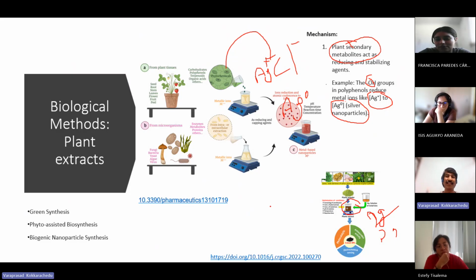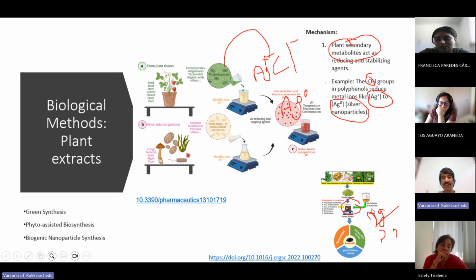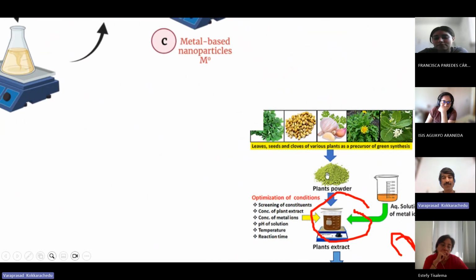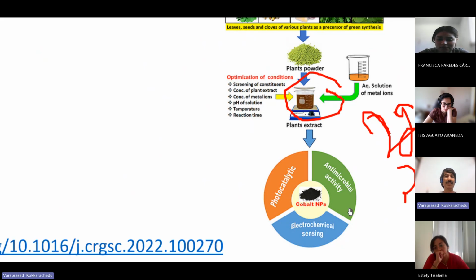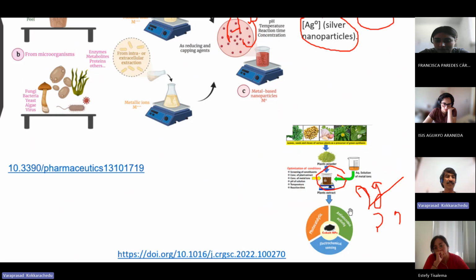Same thing with synthesis of nanoparticles: we need a sufficient amount of functional groups, so we use however much powder we need. We mix it into the water and extract the liquid. Then we use it for the synthesis of various kinds of nanoparticles. Generally we use this process in the phyto-assisted synthesis process.